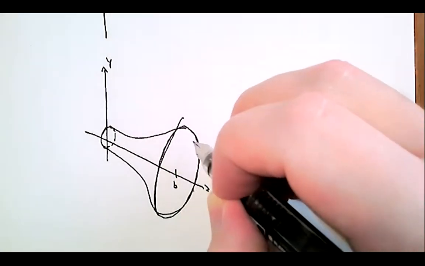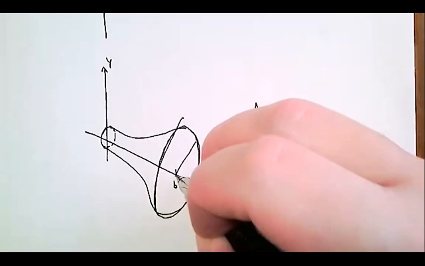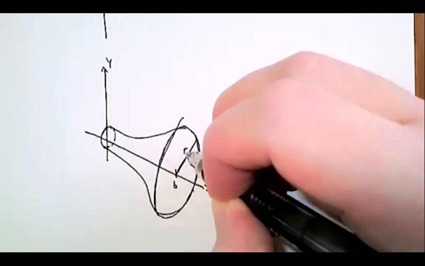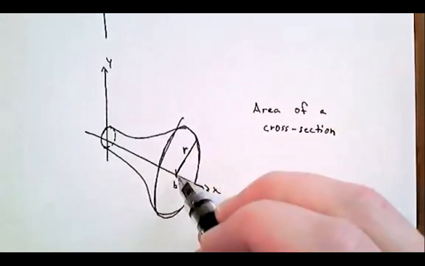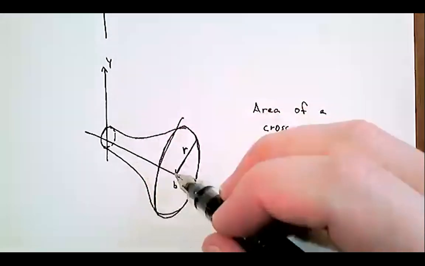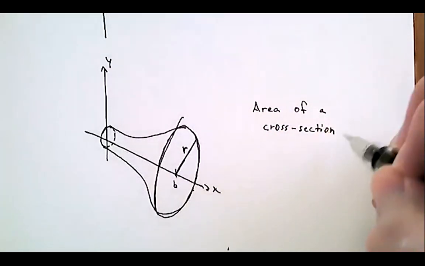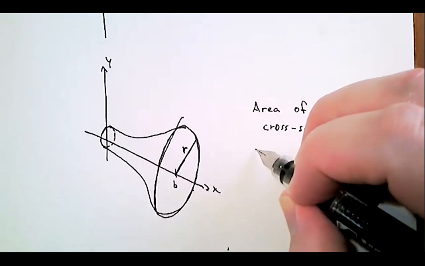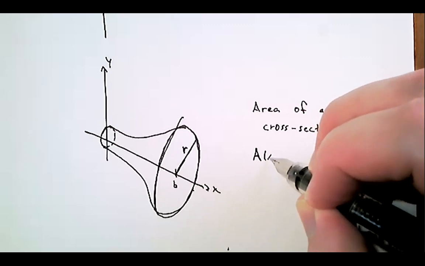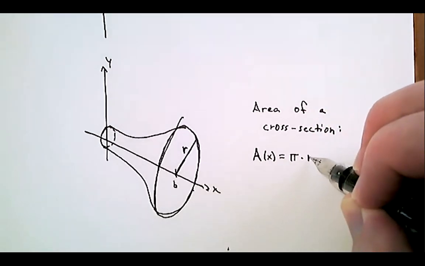So a radius, we can just draw a radius anywhere. Maybe we'll draw a radius for this outer part of our shape. It's just the distance from the center, in this case the x-axis, to the outer edge. So if I want to find the area, I need pi times the radius squared.